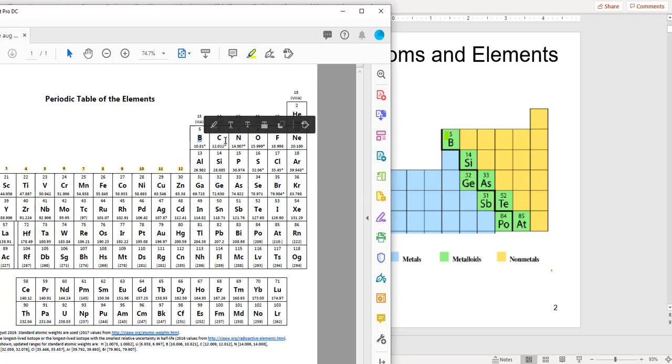Oops, let me use my highlighter. So boron, silicon, germanium, arsenic, antimony, tellurium, polonium, astatine, not iodine.